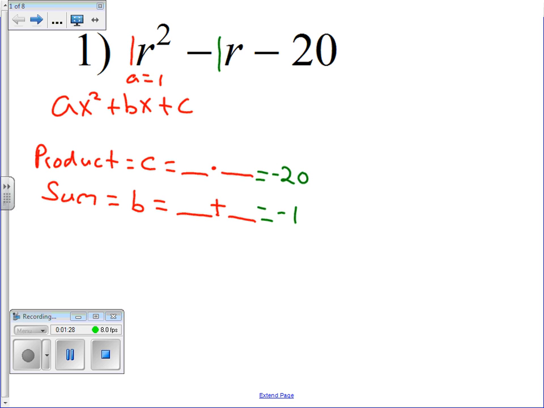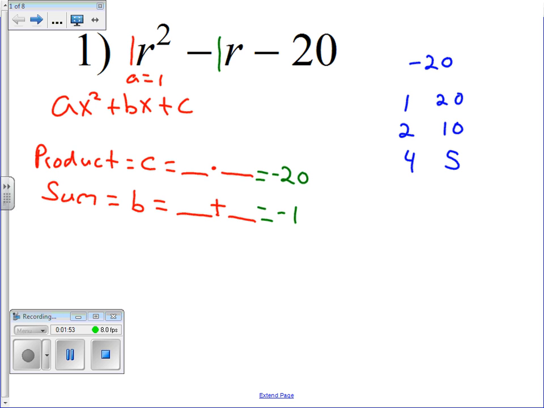First thing you should do: what are the factors of C? Since we're dealing with multiplication, what are the factors of negative 20? Well, of 20, basically. Because it's negative, one of them has to be positive and one negative. We have 1 and 20, 2 and 10, 4 and 5.